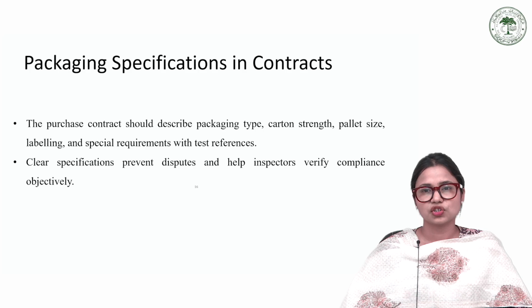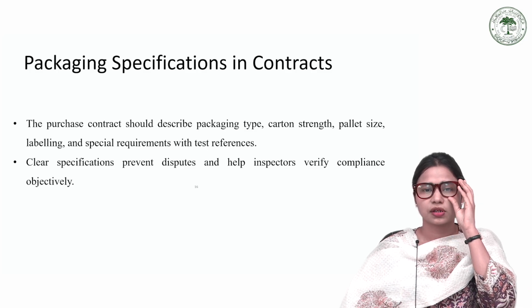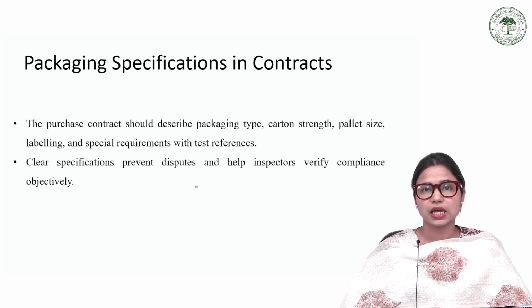Packaging specifications in contracts. The purchase contract should describe packaging type, carton strength, pallet size, labeling, and special requirements with test references. Clear specifications prevent disputes and help inspectors verify compliance objectively.